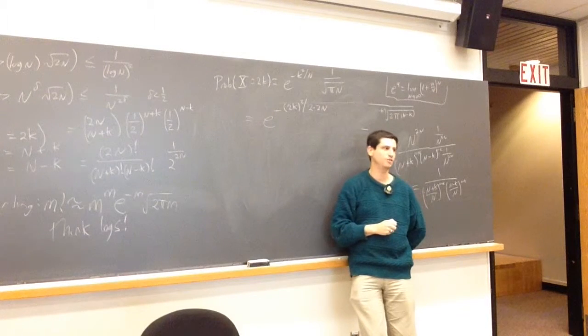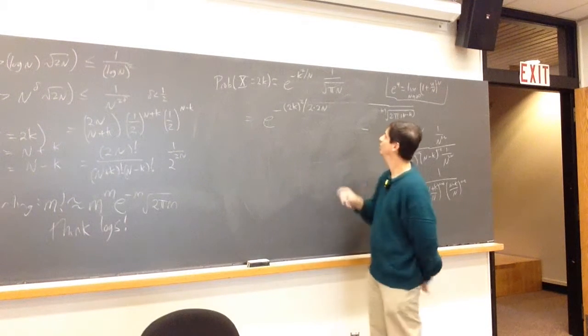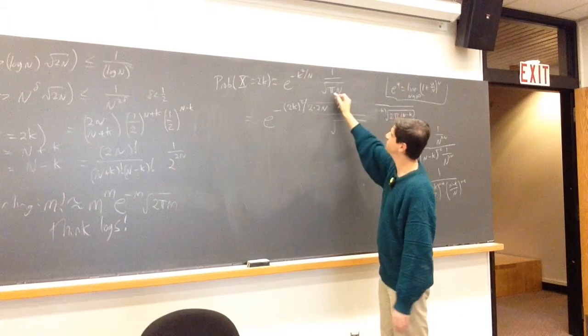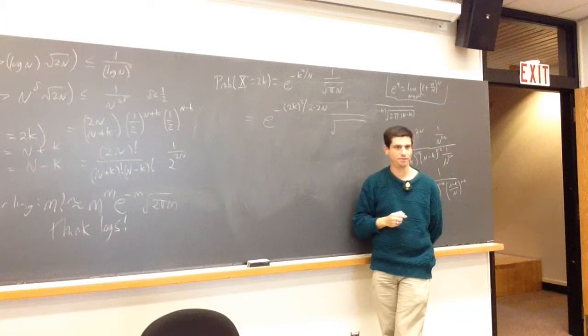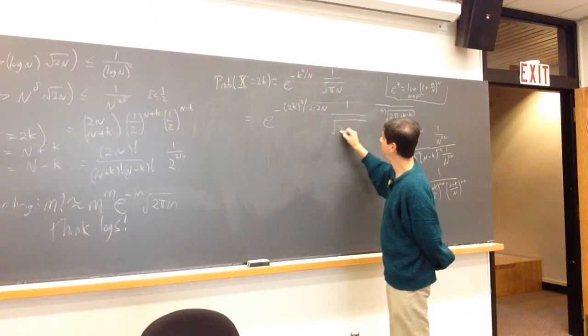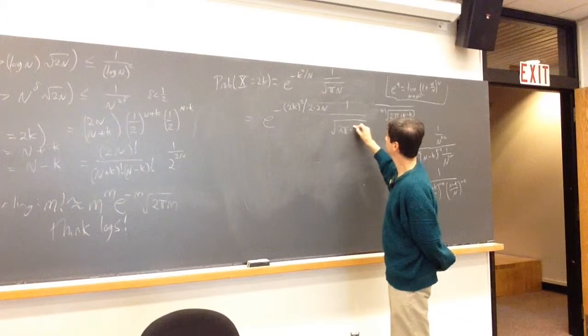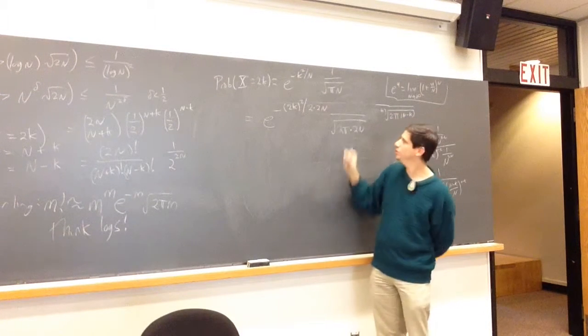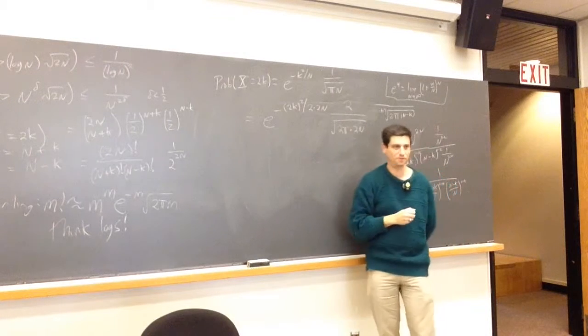That's a great way to write 4. Over here now, I have a square root of pi n. So I'm going to write this as 2 pi times 2n, and square root of 2 times square root of 2 is 2, so I have to put a 2 upstairs.